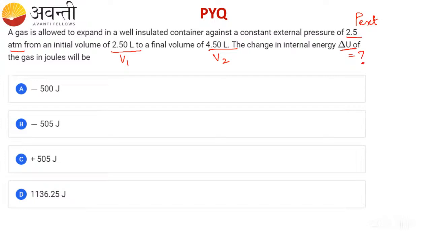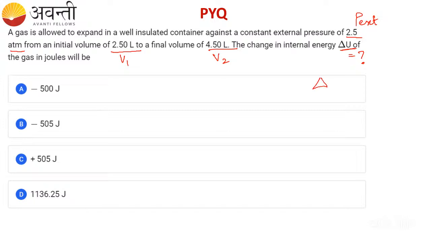How will you find out the change in internal energy for any type of question? What is the formula to find out the change in internal energy?